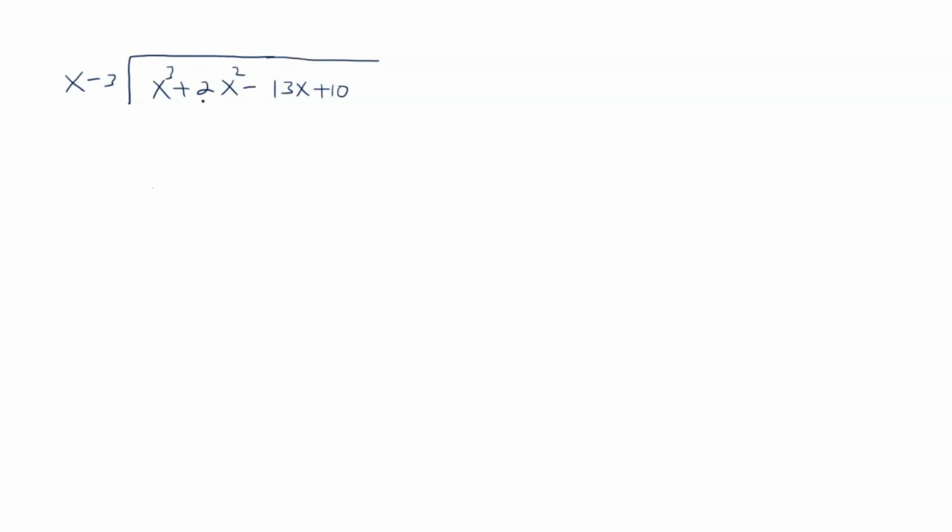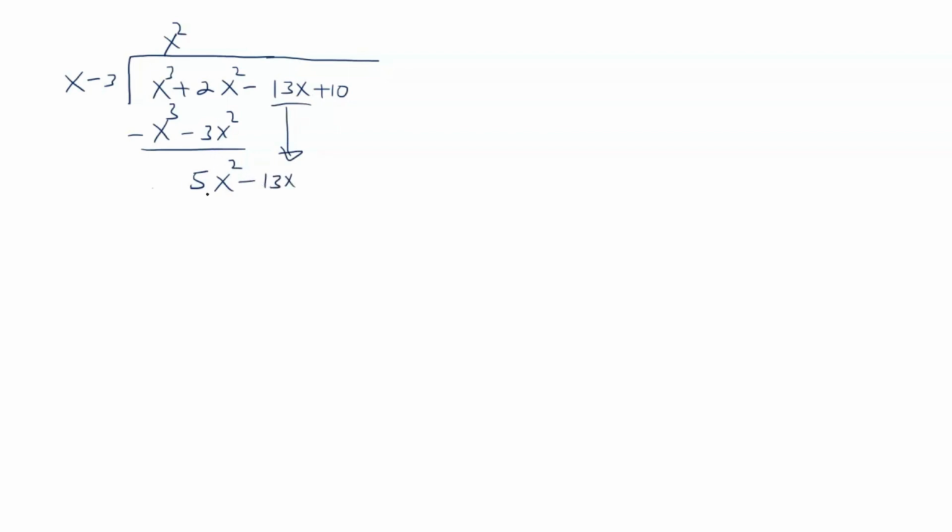Again, we want to get rid of the first term, in this case x to the power of 3, so we multiply by x squared. That gives me x cubed minus 3x squared. We take away, which gives me positive 5x squared, and we put this down with negative 13x.